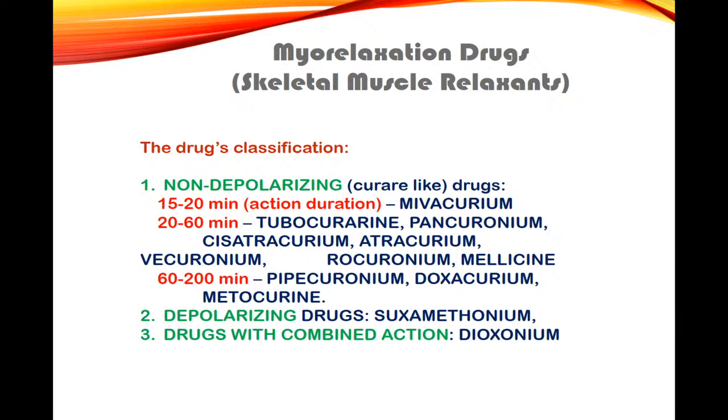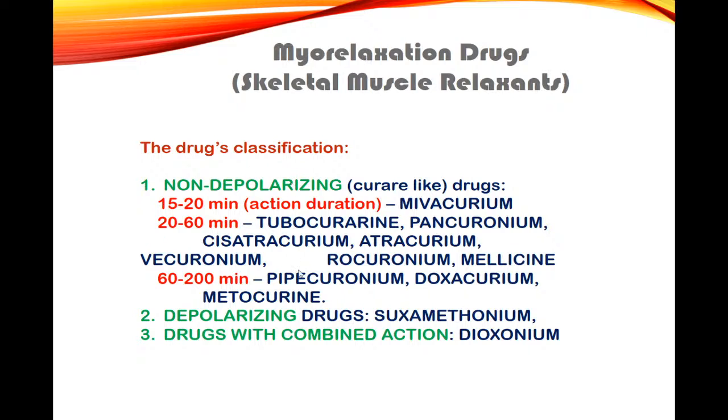So if we make artificial ventilation, this will last for 10 minutes. It's not so problematic. So we use succinylcholine because of short period of effect. Sometimes it's very comfortable.